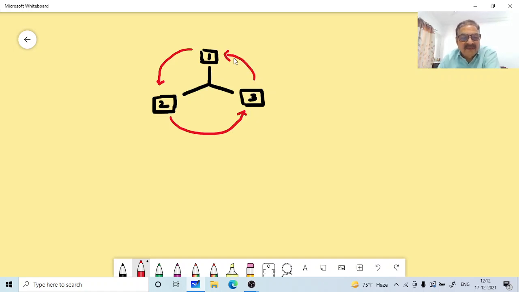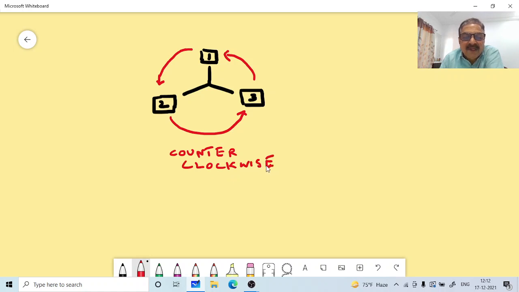So this will be your counterclockwise direction here. Correct. When you are tracing the circle here, 1, 2, 3 will be counterclockwise. So counterclockwise will be designated as S. Correct. This is an S isomer.